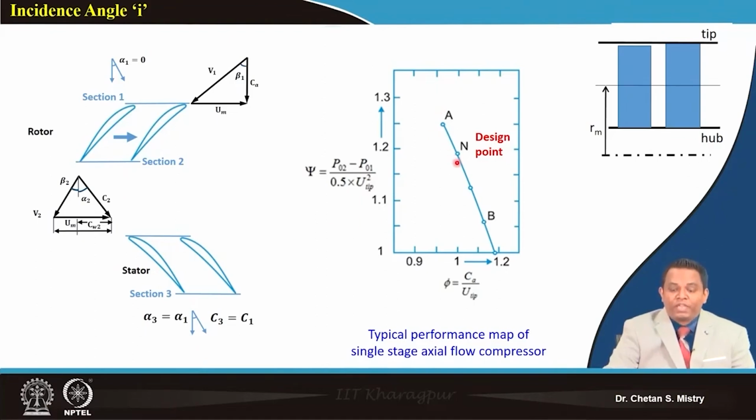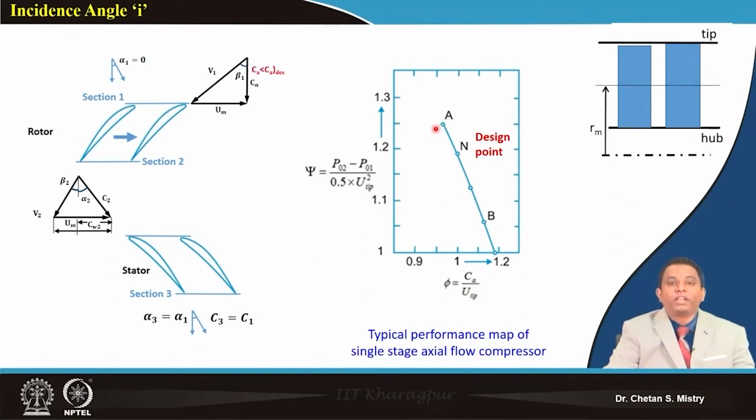Suppose for the same case I am moving towards point A. Let's understand: point N and we are moving towards point A. When I say I am moving towards point A, we are decreasing the mass flow rate. If my peripheral speed is the same, suppose it is rotating at the same speed, the movement from point N to A represents a decrease of my axial velocity.